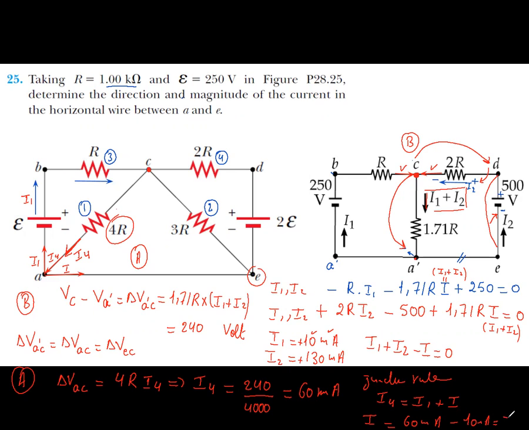The answer will be 50 milliampere. Okay, this is the value of I at this wire. It's a positive value, so we chose the right direction. It's a very important problem.